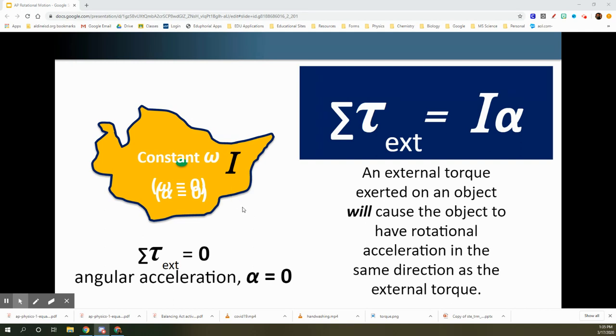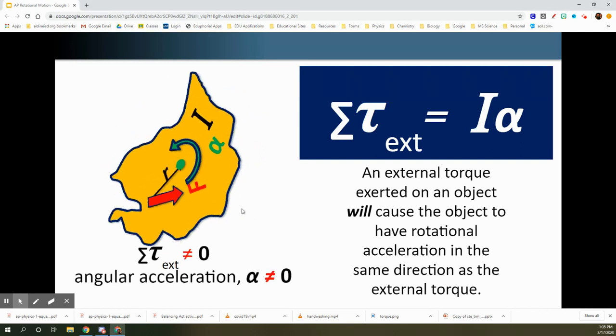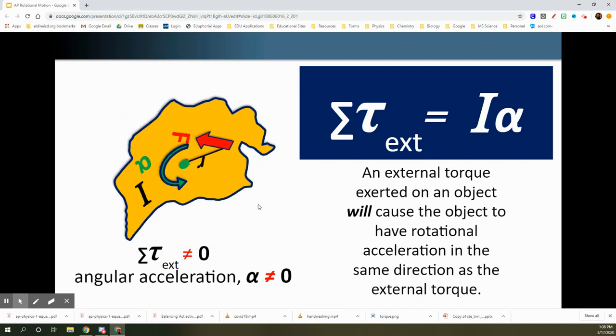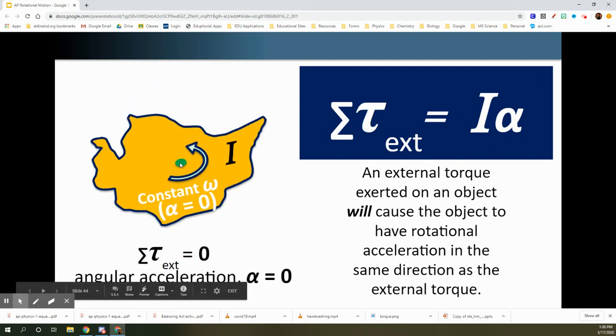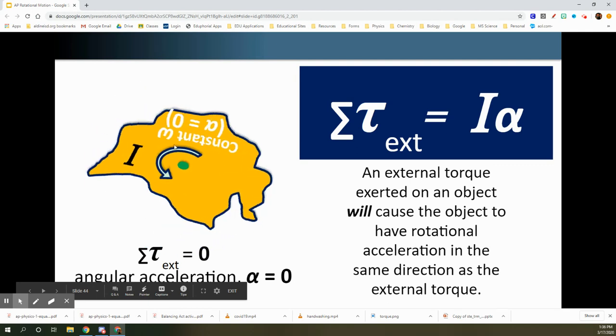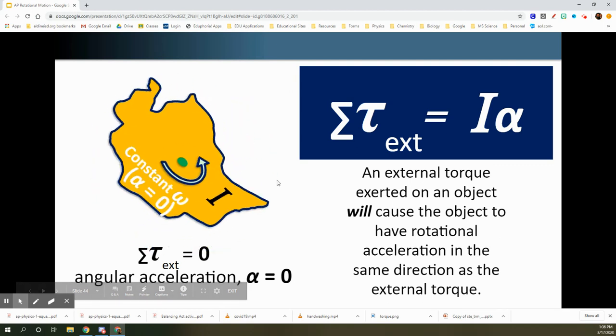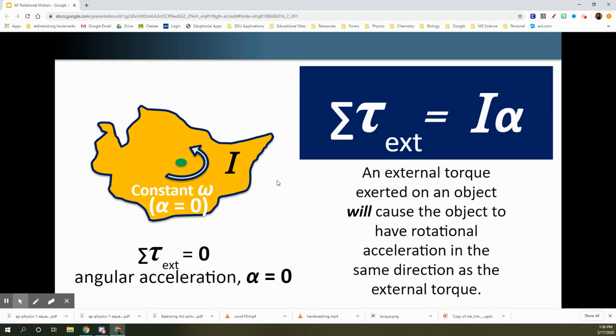This scenario goes over that too: if there's no external torque, you can still have constant angular velocity. Remember, angular velocity is the omega symbol, and the alpha symbol is for angular acceleration.